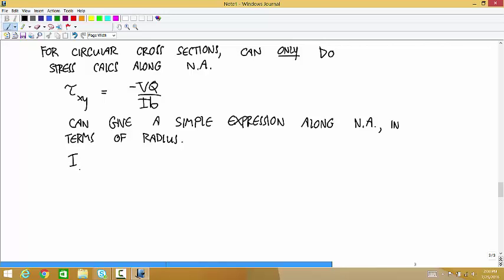So I, for a circle, is equal to pi r to the 4th over 4. B, for a circle at the neutral axis, is equal to 2r.